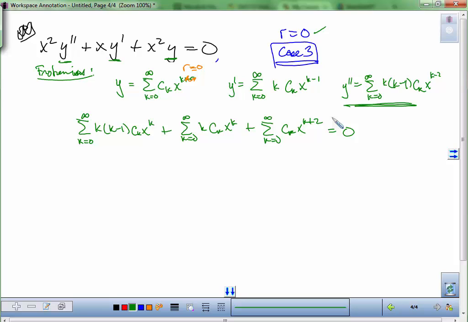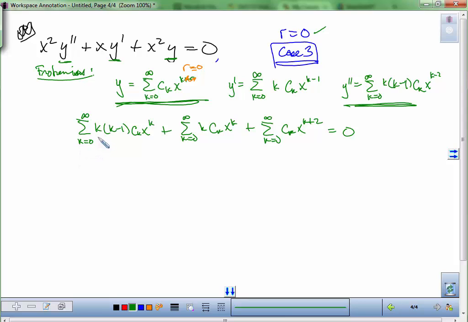So now, according to Frobenius, we're going to use this as our solution. We took the derivative once and twice, and we put that back into this equation. And now, because r is equal to 0, we can start these indices appropriately.